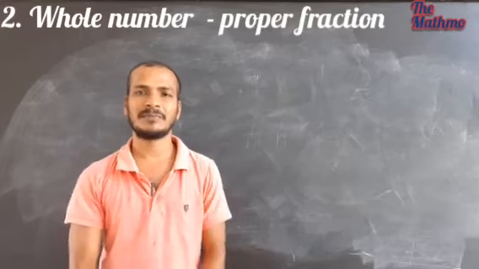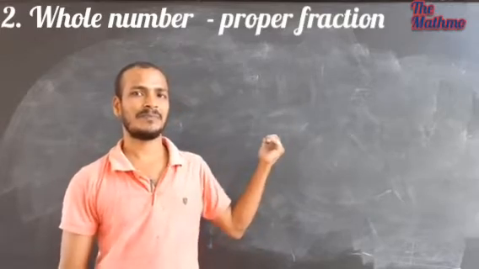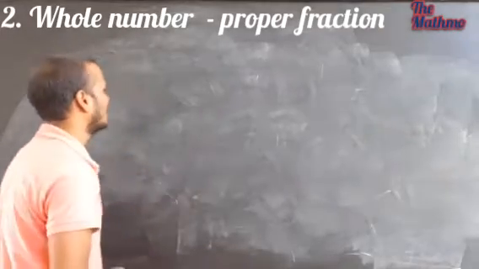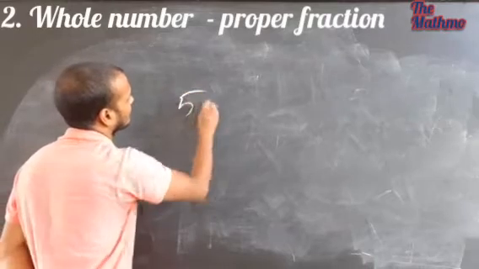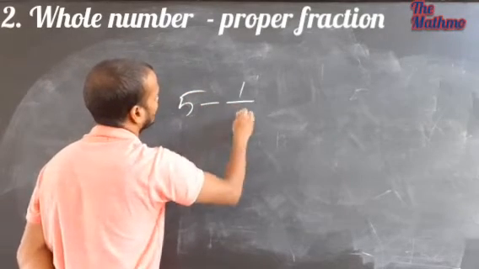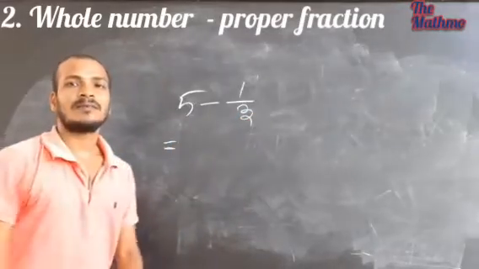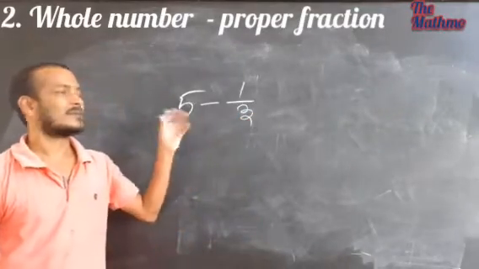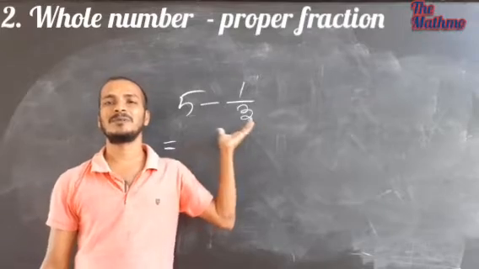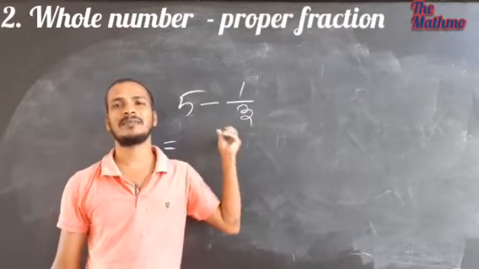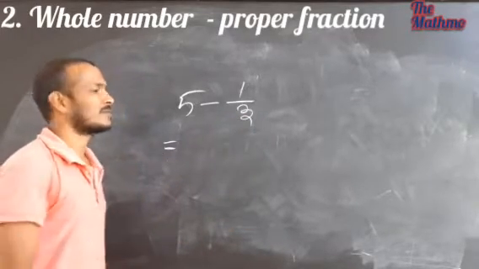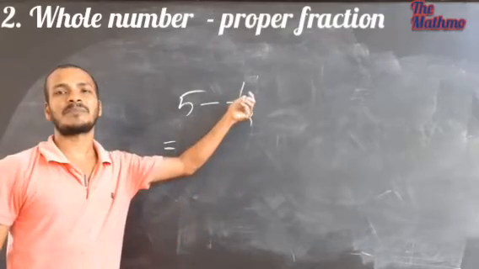Let us see how to subtract in this way. Let us see how to subtract a proper fraction from a whole number. So how to subtract this without taking LCM and that process? What to do? You are subtracting a proper fraction.